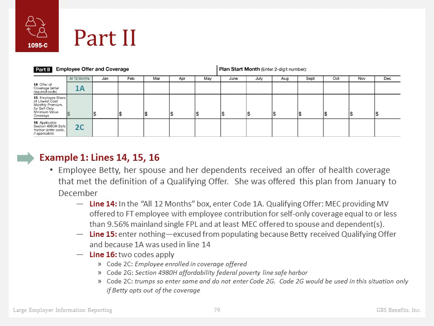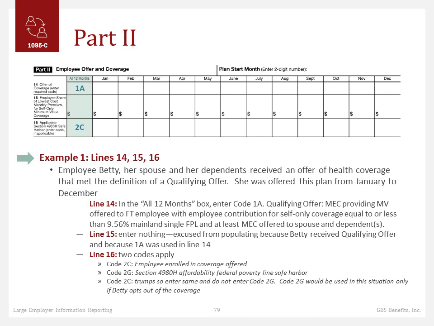She was offered this plan from January through December of 2015. So in line 14, in the all 12 months box, because it was the same for all 12 months, you're going to enter code 1A because she actually got a qualifying offer. If it was different for some of the months, you couldn't put it in the all 12 months box, obviously.